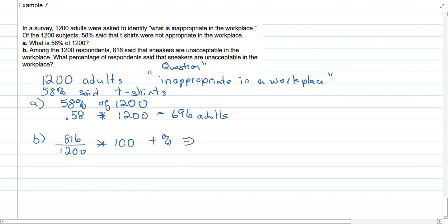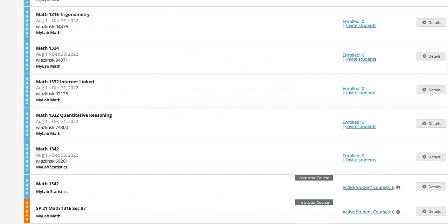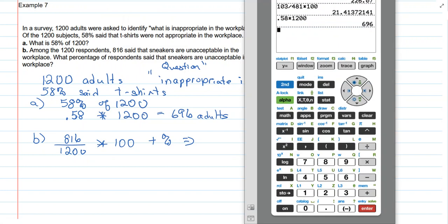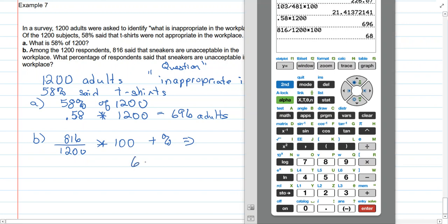So let's do that on our calculator. Remember, your calculator can do order of operations. So we add the symbol. 68% of the respondents said sneakers were unacceptable.